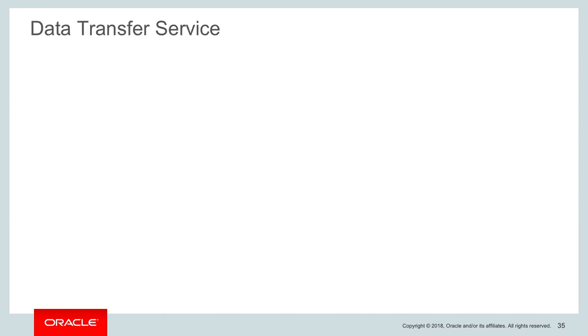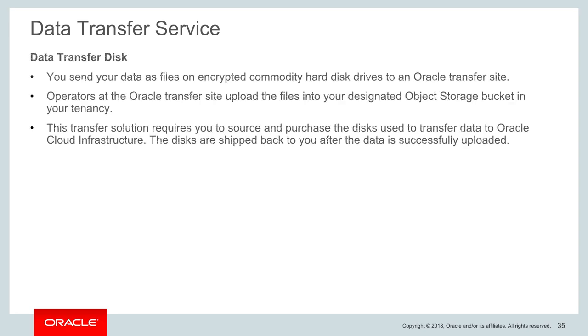So another way to send data over to Oracle Cloud Infrastructure is using data transfer service. Right, so data transfer service is when you want to send a huge amount of data from premises to OCI, and you don't have enough bandwidth to do it over the internet, right? So there are two options you can do with OCI. One is data transfer disk. You can send a hard disk to Oracle Cloud Infrastructure with your data on it.